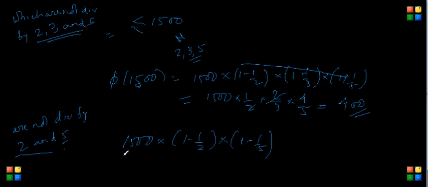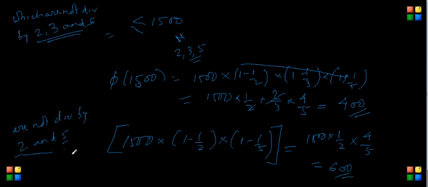Just remember this expression here is not the phi of 1500. However, this is something that we can directly write. This is just an extension of this phi. So I can directly write this expression, and this will give me 1500 into half into 4 by 5, which is nothing but 600. So there are 600 integers less than equal to 1500 which are not divisible by 2 and 5.